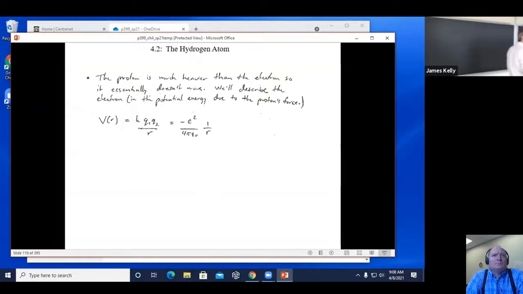And we're going to pretend, this isn't exactly true, that the proton is, like 2,000 times as massive as an electron. So when the electron's orbiting, the proton doesn't move much classically. So we're going to pretend it's fixed at the origin, and the potential energy represents the potential energy of the electron-proton system as a function of the electron position.